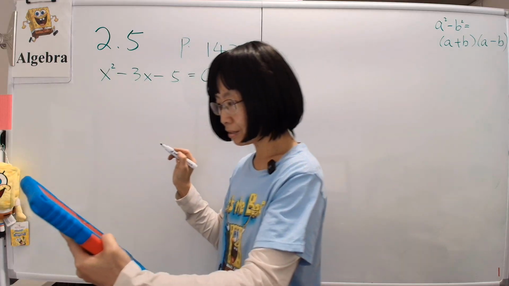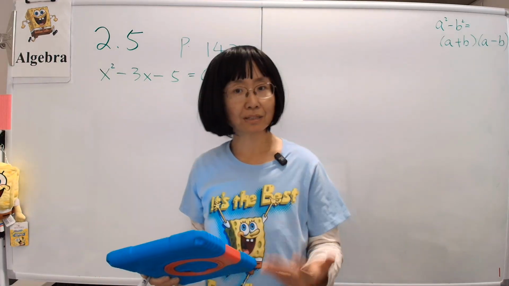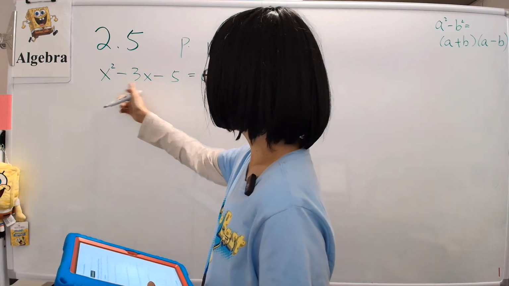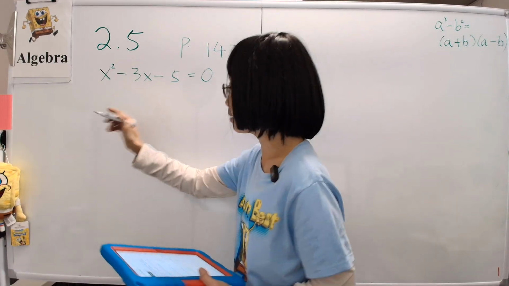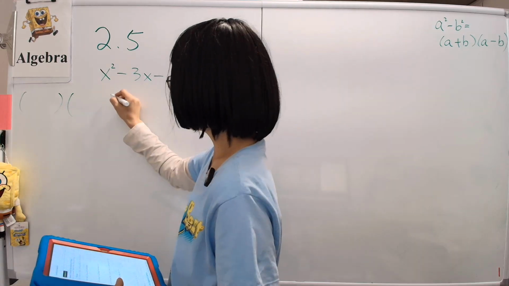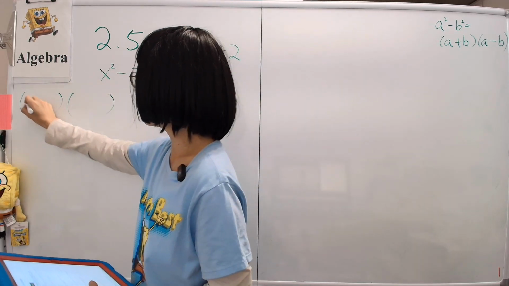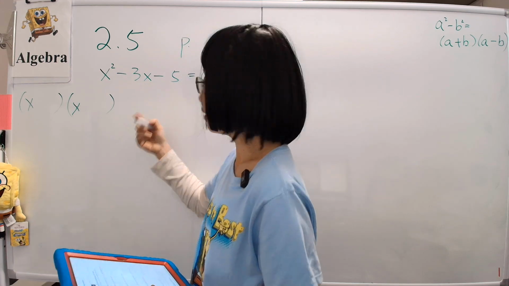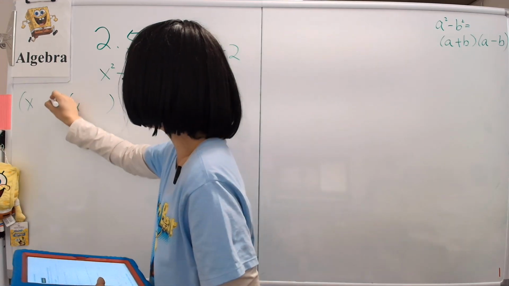So now let's look at this thing. We'll try to complete the square trick again. I don't think you can even factor this. If you were to factor it like we normally do, what are you gonna have? You're gonna have x here, because x has only one power, and then you have 5, which only factors into 1 and 5.